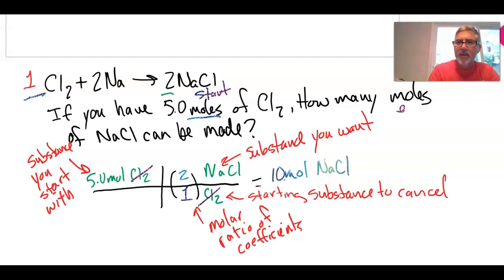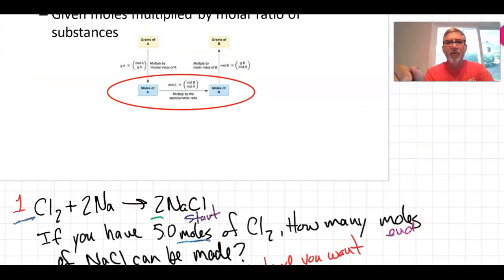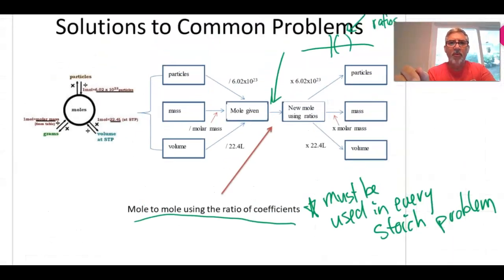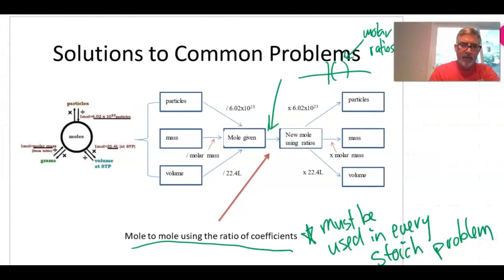And this is my end. Right, so if I went over here to my roadmap, I said that you need to take a look at this is my start. This is my finish. Right, so I'm only doing the mole to mole because I had moles and I have moles. Okay?